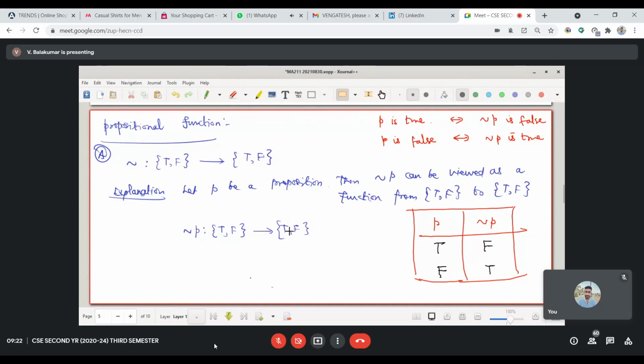When you define a function, what do you usually do? Let me recall: a function is from real numbers to real numbers. You have to define the function. Then you define f of x equal to, say, sin x. This is just an example. Here, instead of f, you are using this.